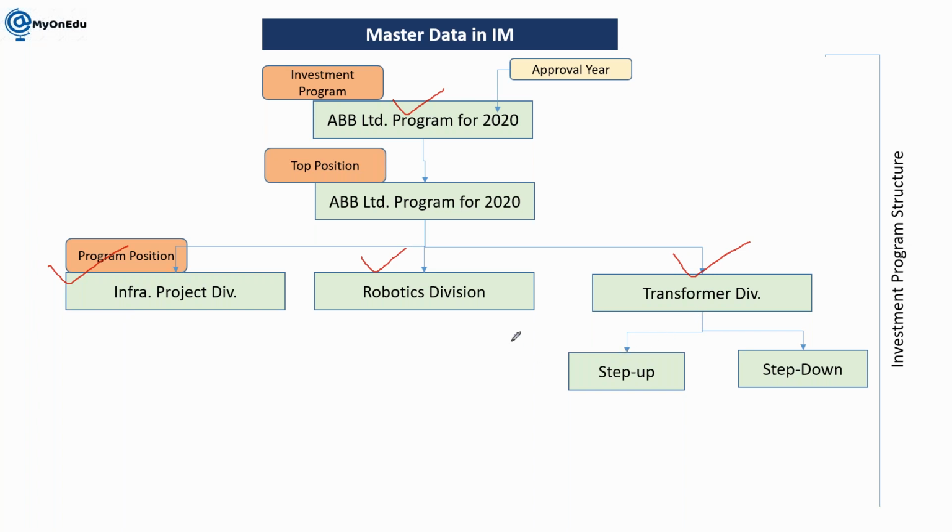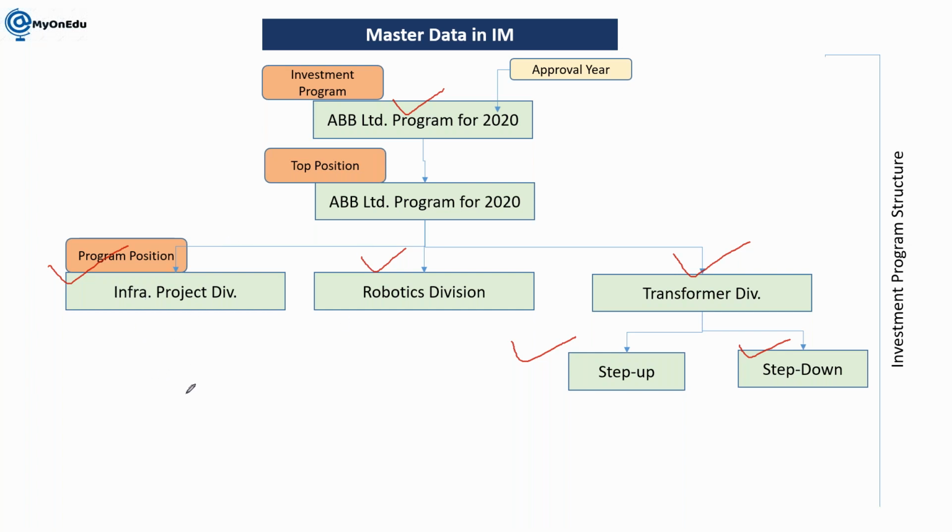Further, the transformer division has step up and step down departments. They are running projects in individual departments and divisions. Whatever demand they get for different divisions, they need to analyze first before approval. Once it is approved, only then it will go for further budget distribution.